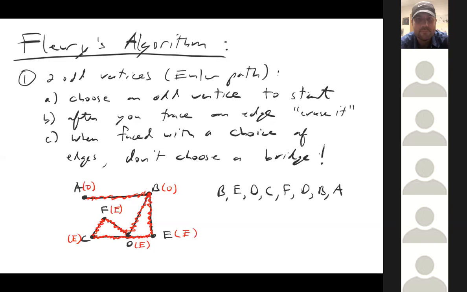Okay, so now what happens? That's if it's an Euler path, if you have two odd vertices. Let's say you have an Euler circuit.